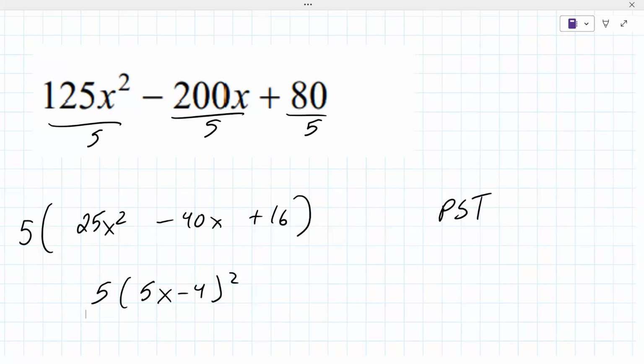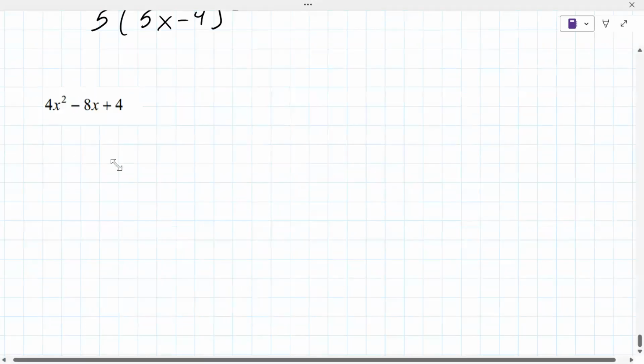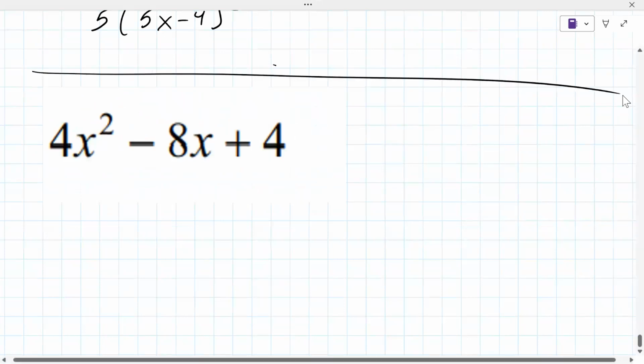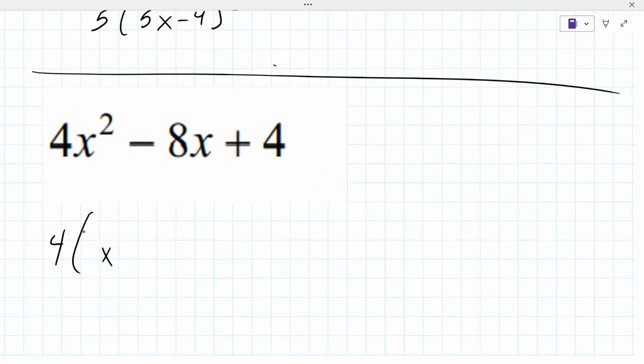Let's have you try one more here. This isn't super long. Okay, is it 2x minus 2 squared? Nope, you got to factor out the 4 first. Oh, you do? Got to do the GCF.